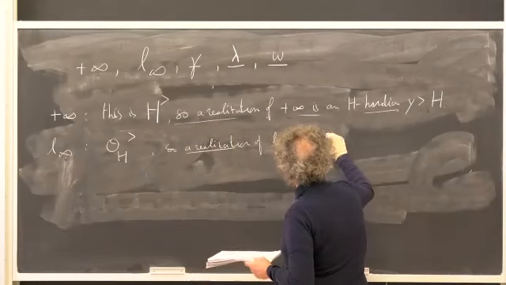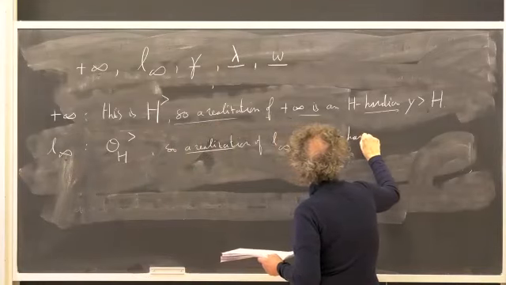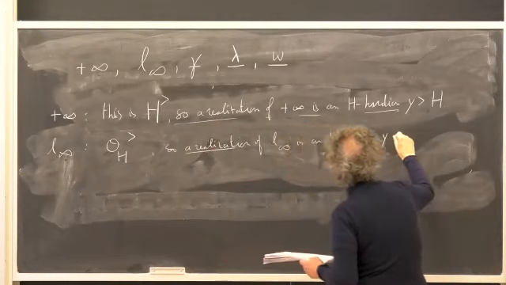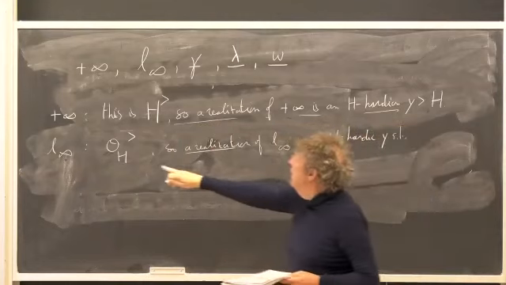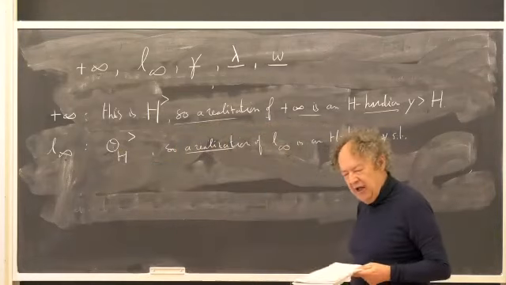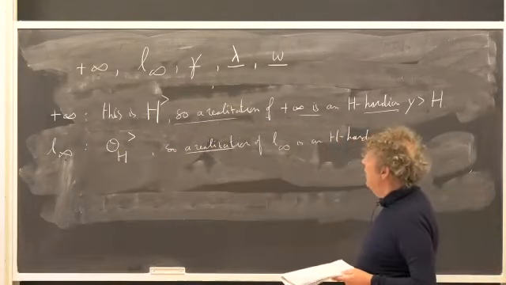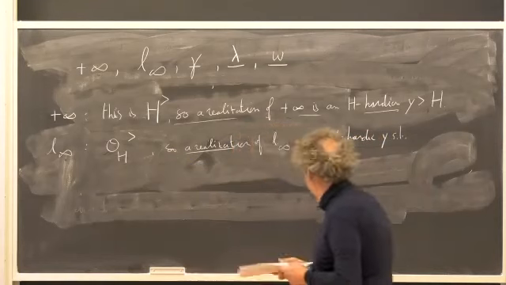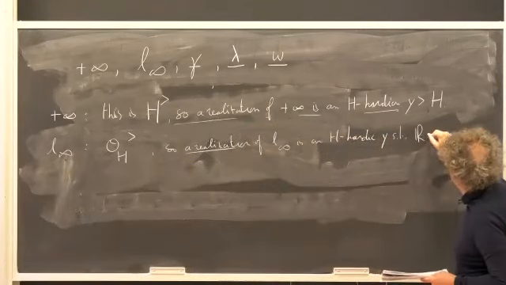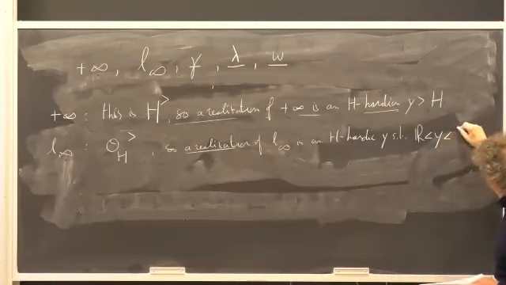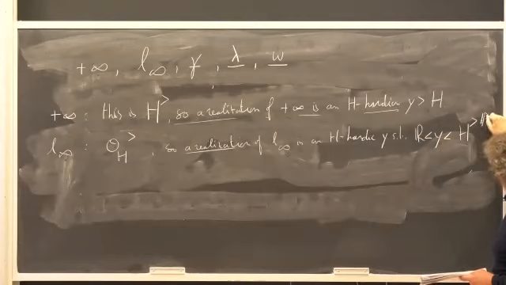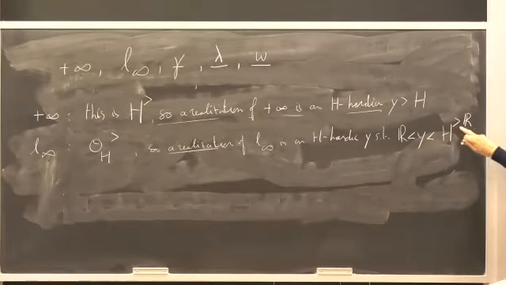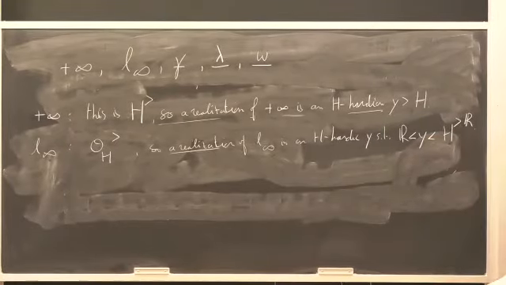It is an H-Hardian Y such that it has to be bigger than everything in here, which means it's bigger than every real number, and it has to be smaller than all the things that are bigger than that. So in other words, it is an element that is bigger than every real number, but smaller than everything in H bigger than R.